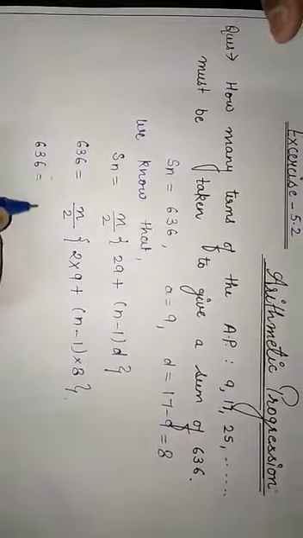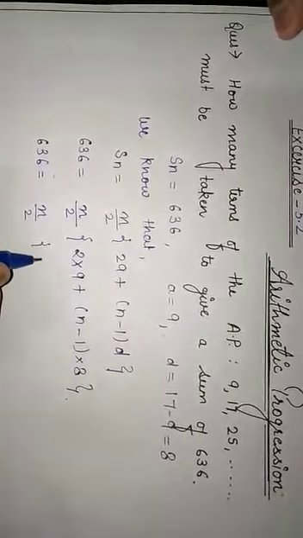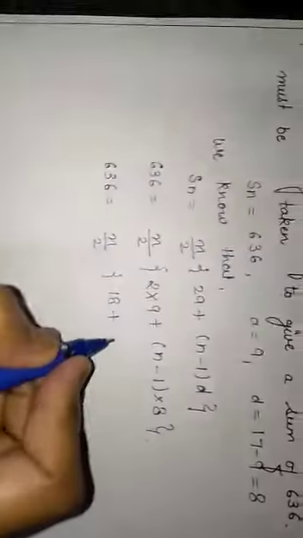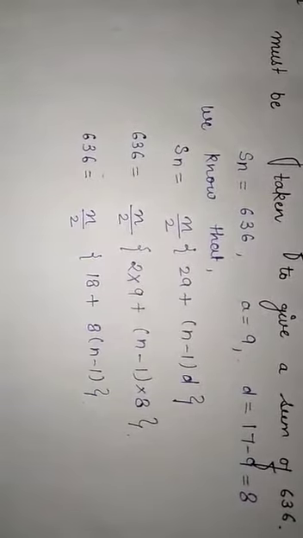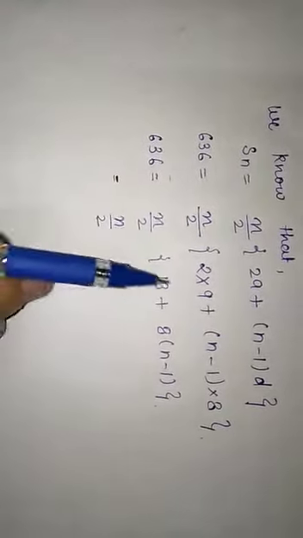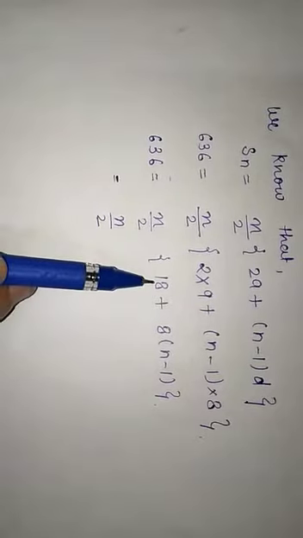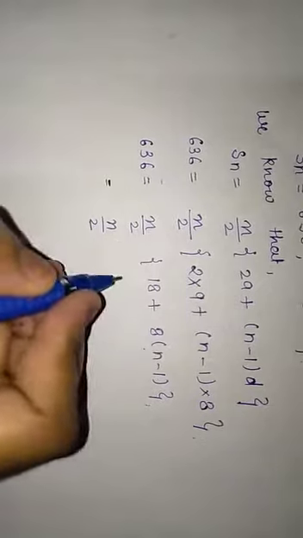636 is equal to n upon 2 into, 2 nines are 18, plus 8(n minus 1). Now the next step is taking 2 common from the given expression.